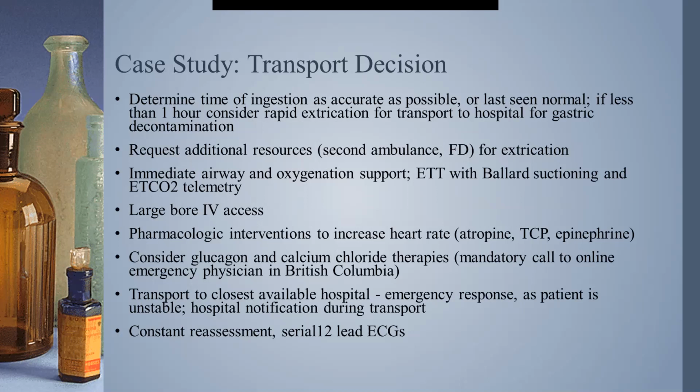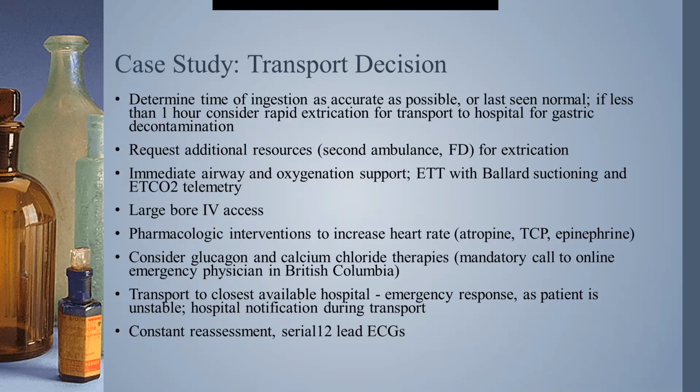Immediate airway and oxygenation support, in this case endotracheal tube with Ballard suctioning, as the patient most likely aspirated at this point, and end tidal telemetry. As mentioned before, you want to get large bore IV access, preferably 2 lines.